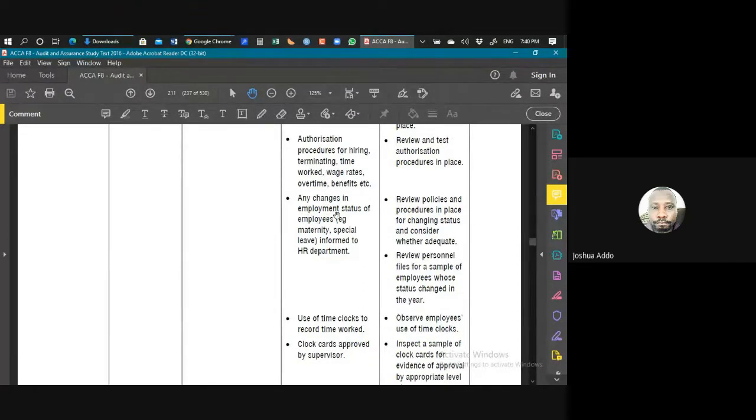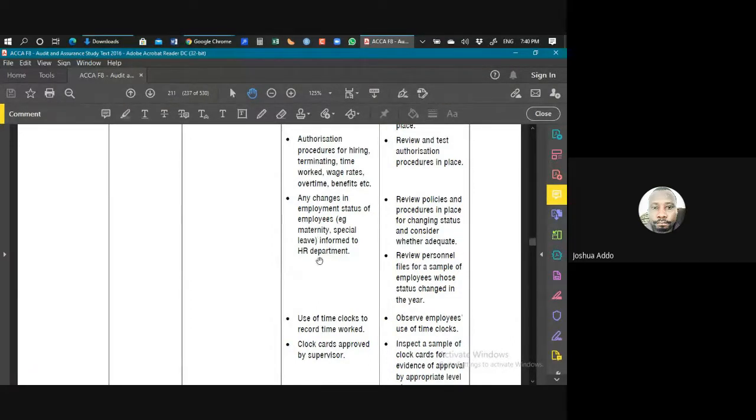Any changes in employment status of employees, for example maternity or special leave, should be communicated to the HR department because sometimes those things affect the monies that are paid, so that the payment will not be wrong.